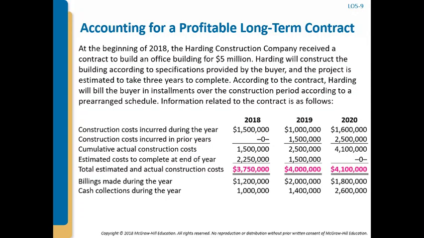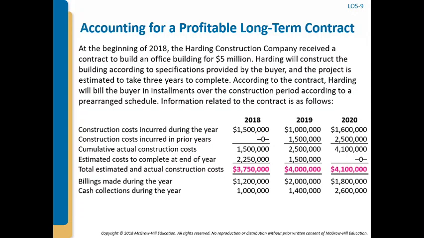So in 2018, they had construction costs of 1.5 million. You see that is also the cumulative actual construction cost for that first year.